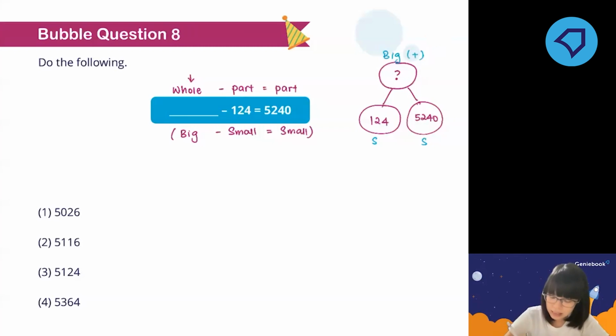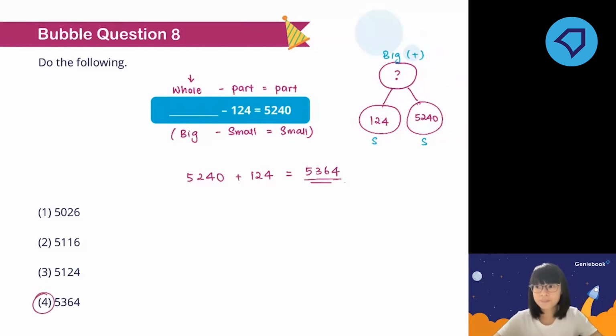Okay, so I hope this is a little bit clearer comparing big and small. So in order for you to find the big number, let's just take 5,240 plus 124. When you do your addition, then you have 5,364. So your answer would be option number 4.